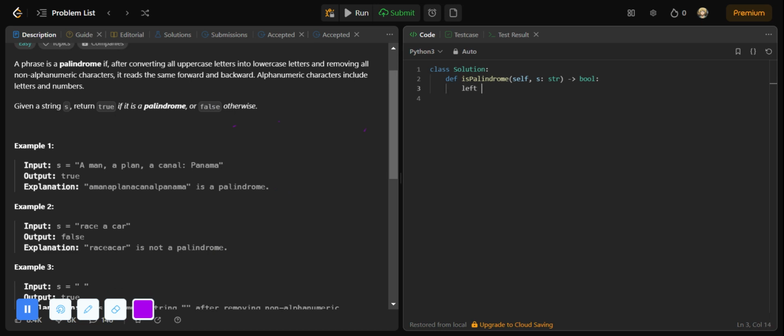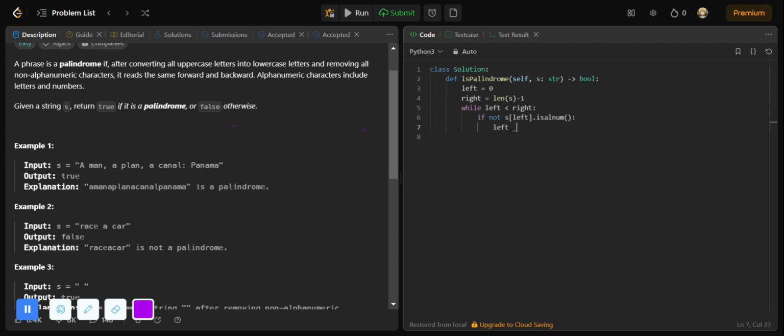So I start with left at 0, and my right pointer starts from the length of the given string minus 1. While left is less than right, I'm going to check if the character at left is not alphanumeric. isalnum is a Python function that checks whether the given character is alphanumeric.